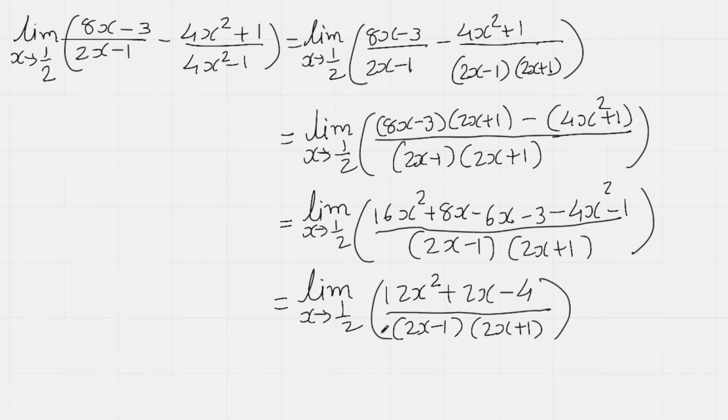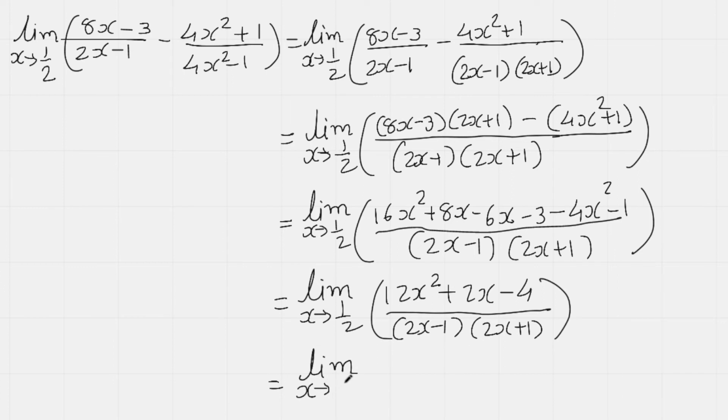So actually our goal is to get rid of the factor 2x minus 1 in the denominator, because for 2x minus 1 we are getting 0 if we substitute x is equal to 1 over 2 in the denominator. So if we can get rid of 2x minus 1 from the denominator, we are done. Okay. So let us find the factors in the numerator.